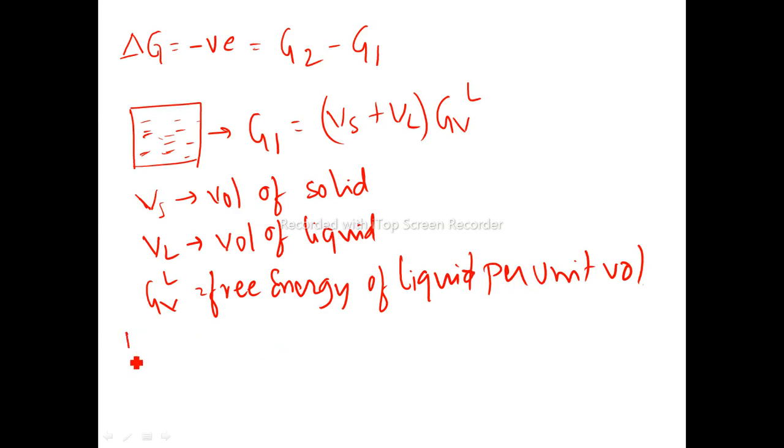So when there is a formation of a small solid inside this liquid, there is a change in the Gibbs free energy to G2.